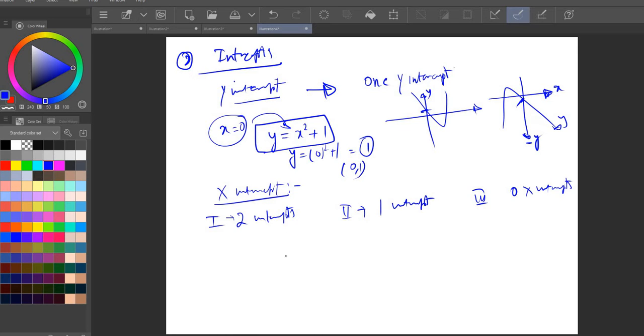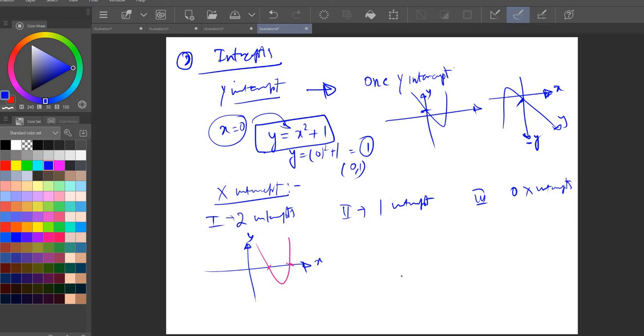Let's see how the graphs will look. Now I'm taking a happy face parabola as an example here, right? So this is x and y, and if I were to draw a parabola that has two x-intercepts, this could be one. You see here, it is cutting the x-axis at 2 points. Easy.